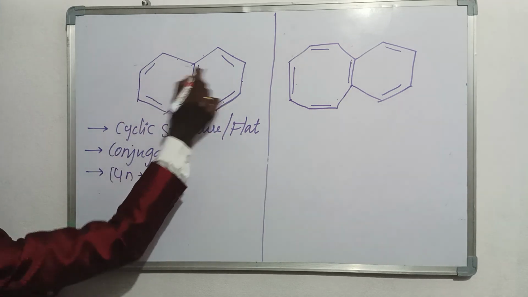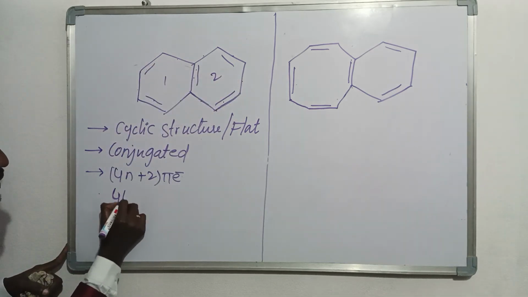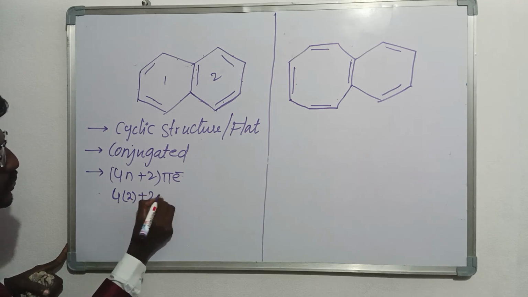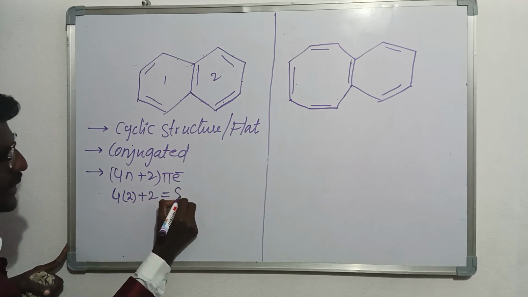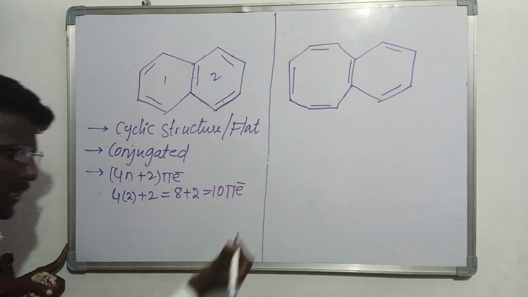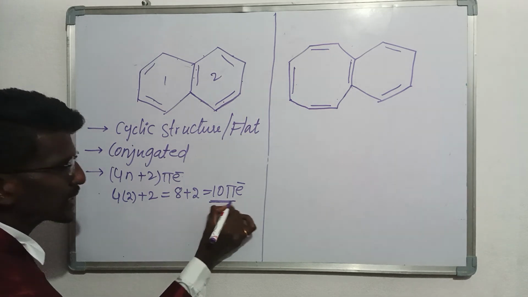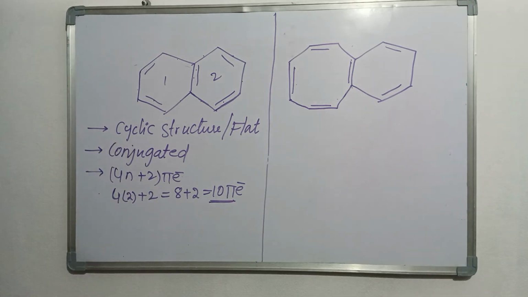How many rings are there? 1 ring, 2 rings. So 4 into 2 plus 2, that equals 8 plus 2, that equals 10 pi electrons. If it has 10 pi electrons, it may be aromatic.